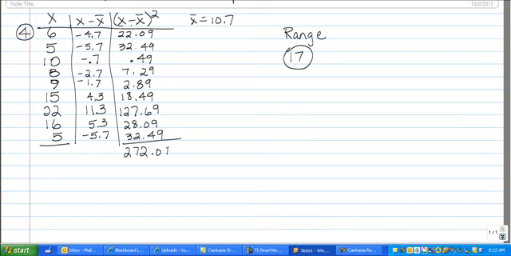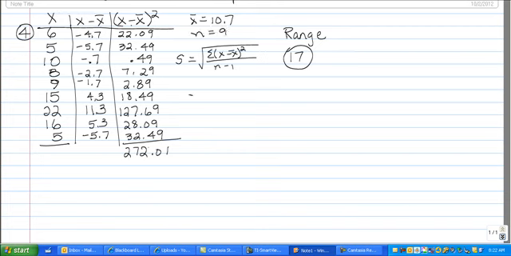Okay, so for our standard deviation, we want the square root of the sum of the x's minus the mean, squared, divided by n minus 1. And we had 9 values, so n is 9.